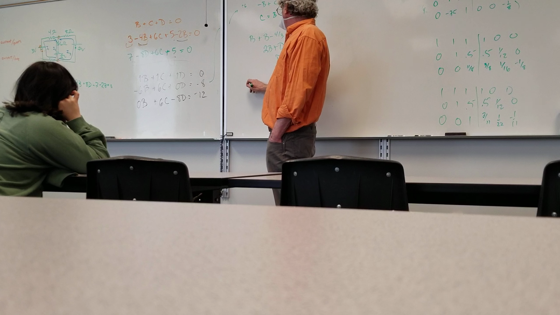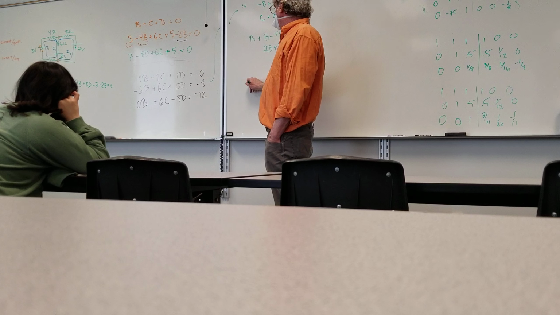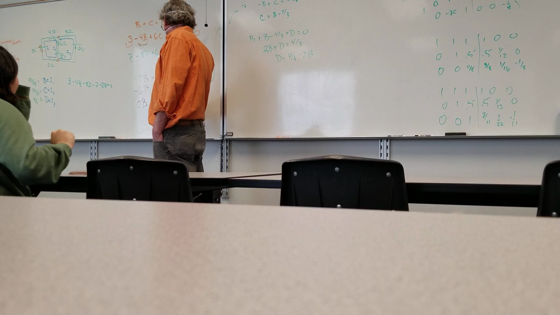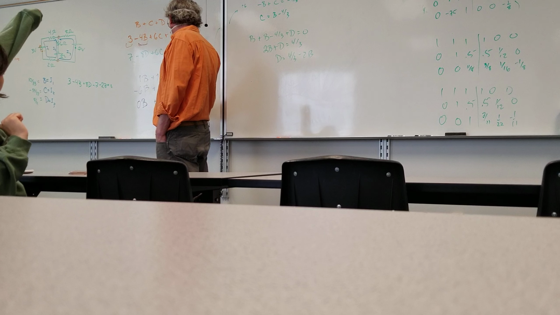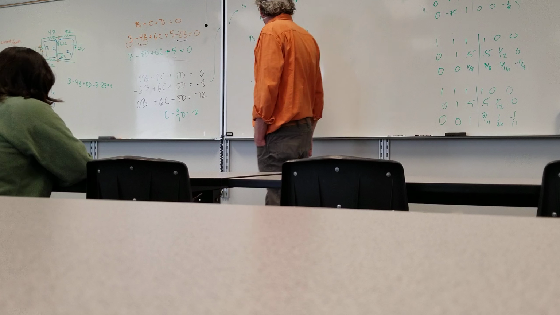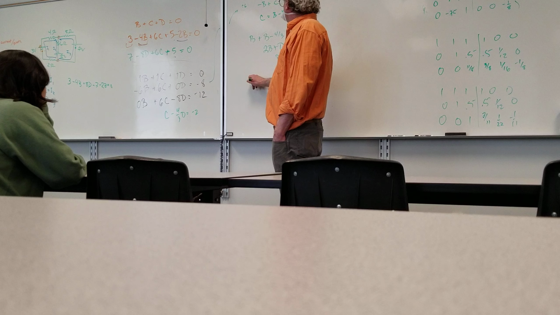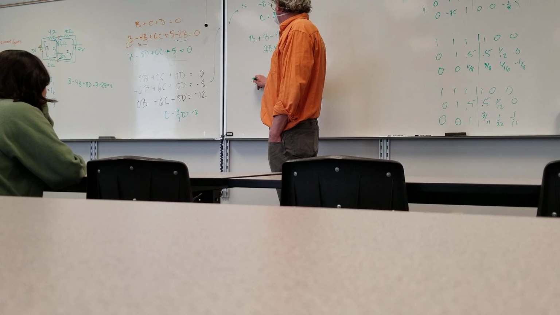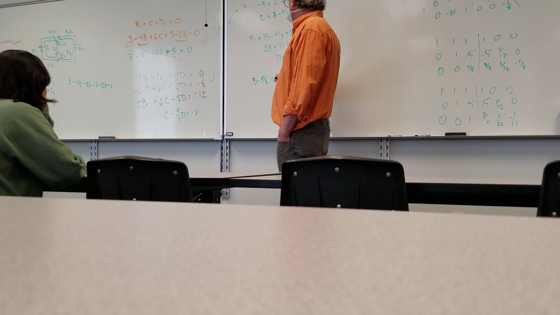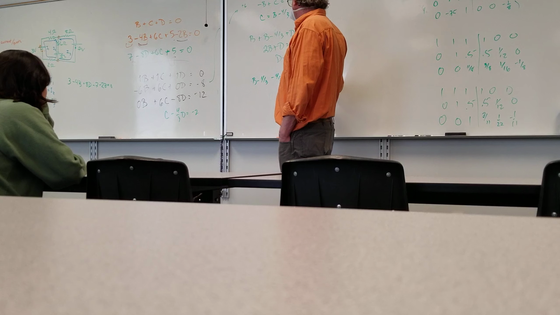Plug it into the last one, if I divide by 6 here, I get c minus 4/3 d equals negative 2. So I have b minus 4/3 minus 4/3 d equals negative 2.